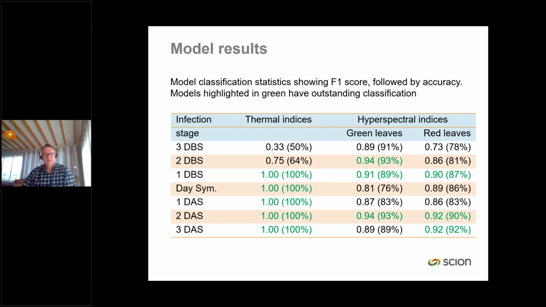So excellent pre-visual classification using the indices from the green leaves. In contrast, the indices from the red leaves were quite good at classifying the early detection stages, and you can see that from the 0.92 F1 score at 2 days after symptoms, which continues through to 3 days after symptoms.